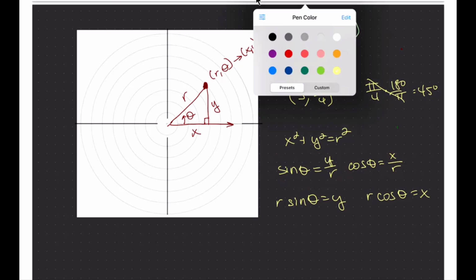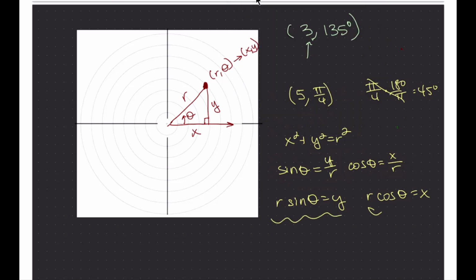So now that I have these two little formulas, when I'm talking about polar coordinates, I have r's and I have thetas, right? So I'm going to plug in that r and theta, and it's going to give me the y value, which I can then plot on a coordinate plane. And polar coordinates give me the r and the theta, and if I use the cosine, it's going to tell me what x is. So then now I'll know what my x and my y are, right?